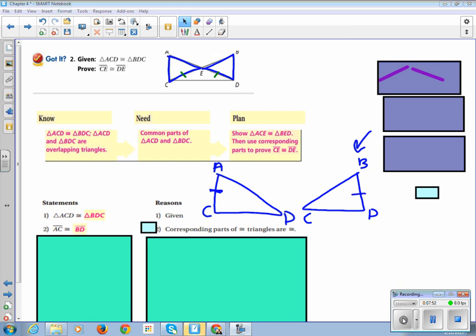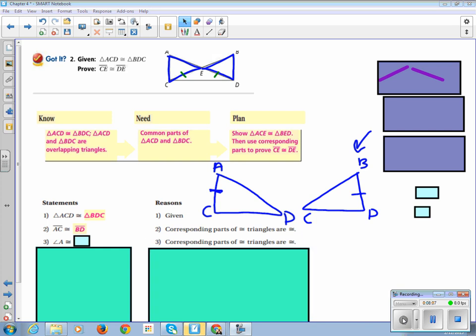Thank you very much. Because corresponding parts of congruent triangles are congruent. They gave us that these triangles are congruent, so we're not making anything up. We're just taking what they're telling us. So also, angle A is here. Who does it correspond to over here on this triangle? Yeah, angle B. Okay, so we've got a side and an angle. We're looking good.